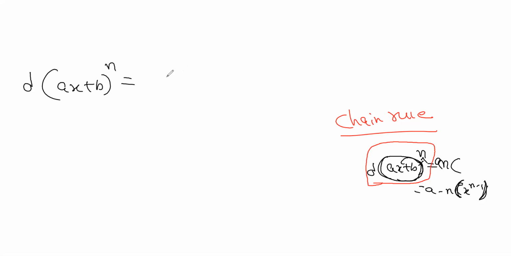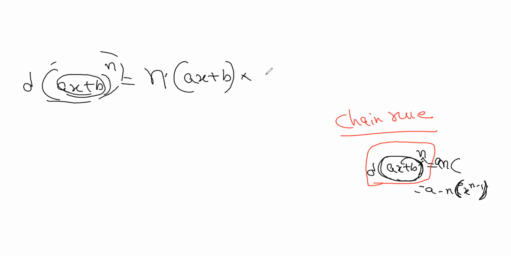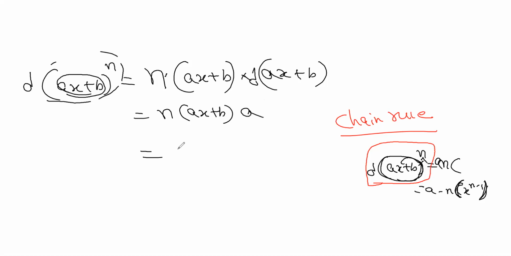Ax plus b to the power n: if you differentiate it, it becomes n into ax plus b to the power n minus 1, multiplied by the differentiation of ax plus b, and the differentiation of ax plus b is a. So you have a into n into ax plus b to the power n minus 1.